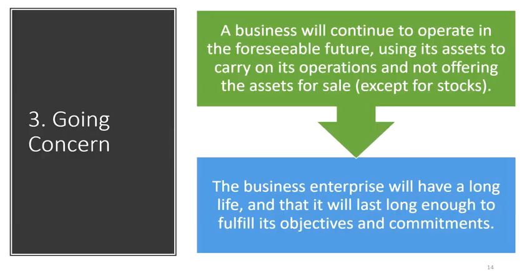So next ialah going concern concepts. Okay, so going concern concept ni maksudnya a business will continue to operate in the foreseeable future using its assets to carry on its operations and not offering the assets for sale. Okay, so maksud dia going concern ni kita punya business boleh beroperasi lagi tahun depan.